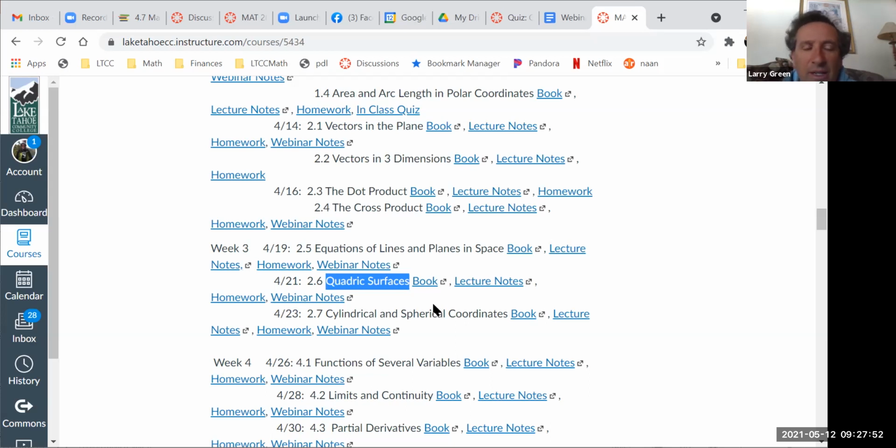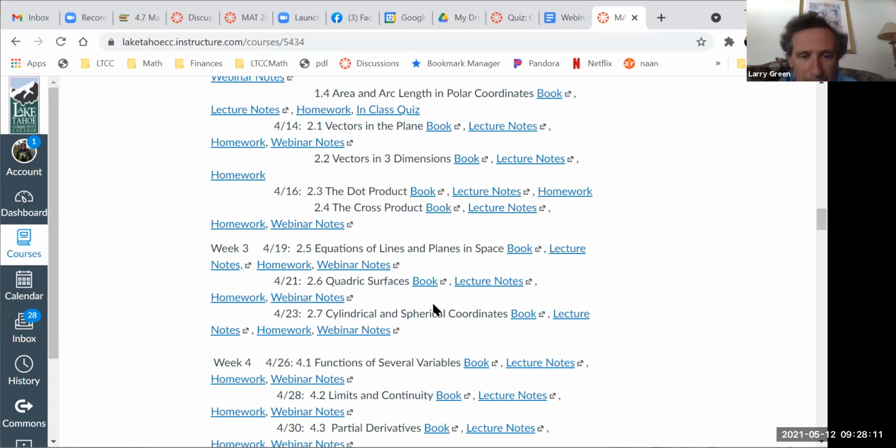Yeah, ellipsoid. Okay, so what you are responsible for is recognizing what you've got by the equation and maybe coming up with examples. If I say, give me an example of an equation that's a cone, you should be able to do that.